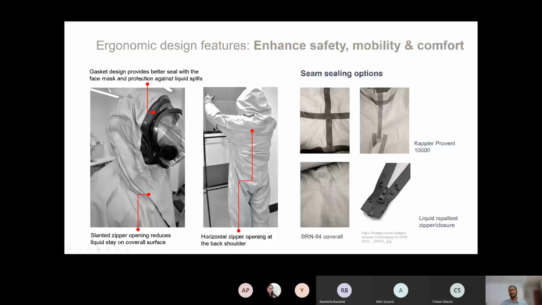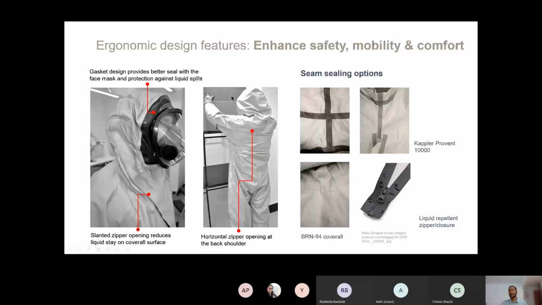The problem with having a front opening is that healthcare workers or pesticide applicators are exposed to liquid spray from the front, and if you have a vertical opening, then there is a higher chance that water droplets might enter through it.